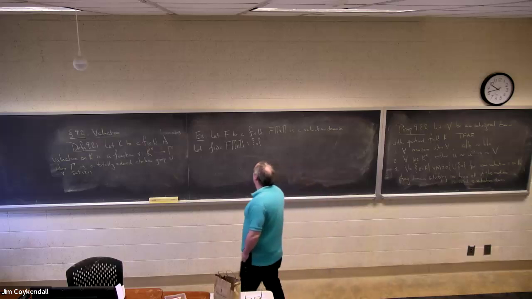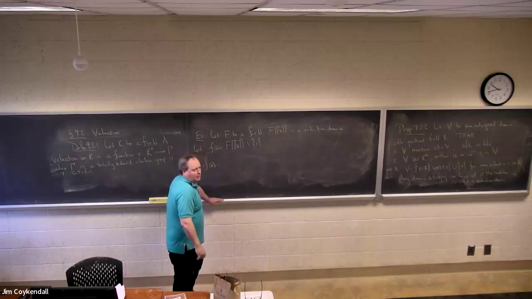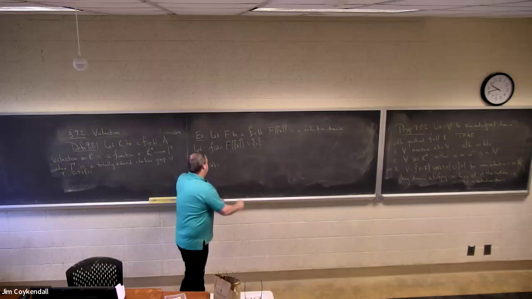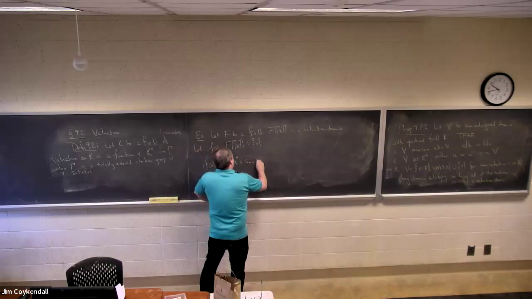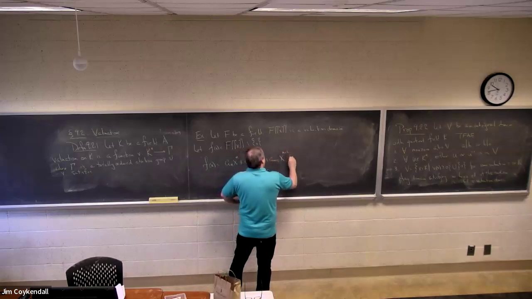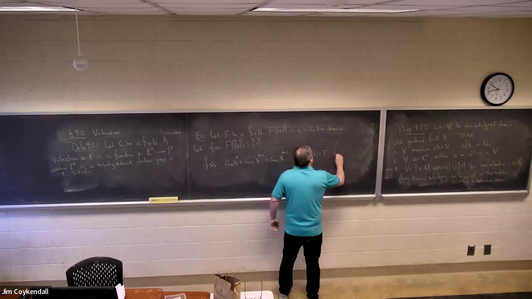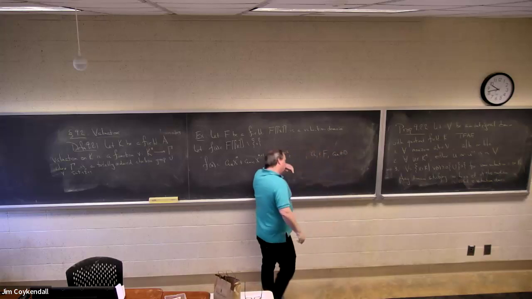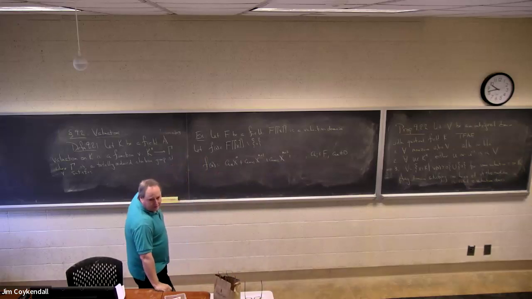What is it? Well, if it's non-zero, it has to have a non-zero coefficient somewhere. So a_n is just the smallest non-zero coefficient. Everybody okay with that?